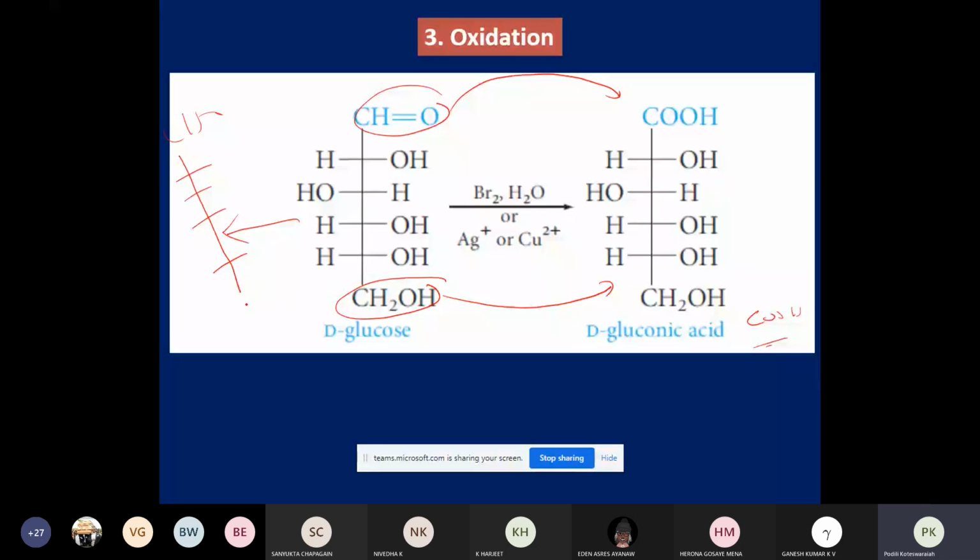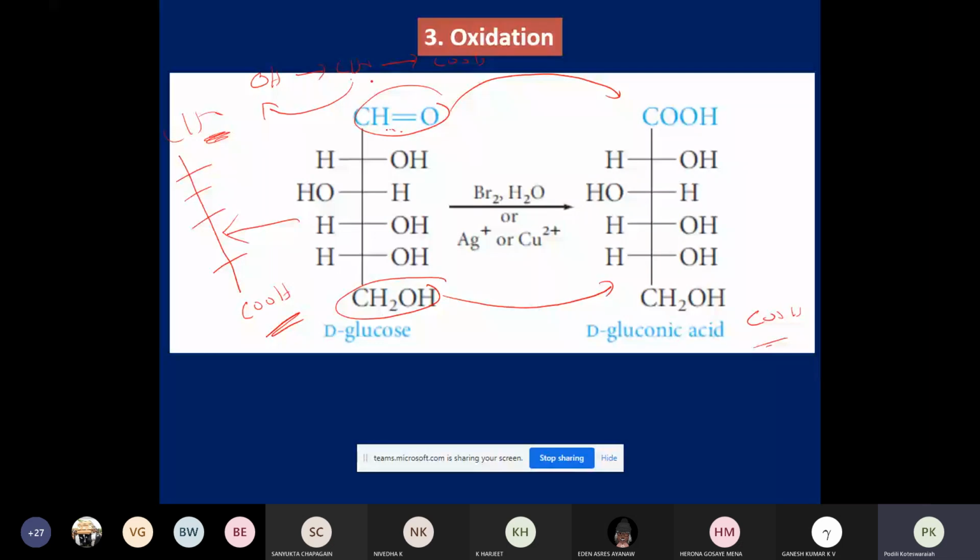So remember, as I already said, when the aldehyde group is available, chemical reagents like any oxidizing agent cannot convert the CH2OH group to COOH without affecting the aldehyde functional group, because alcohols upon oxidation give aldehydes, and aldehydes upon oxidation give carboxylic acids.